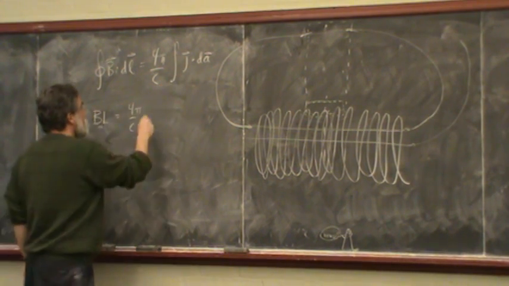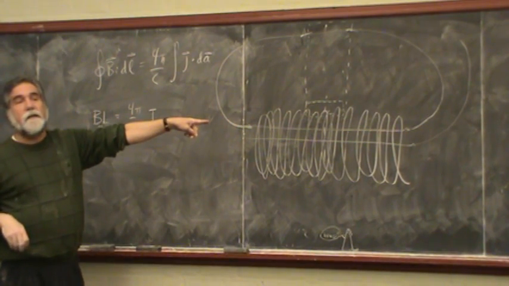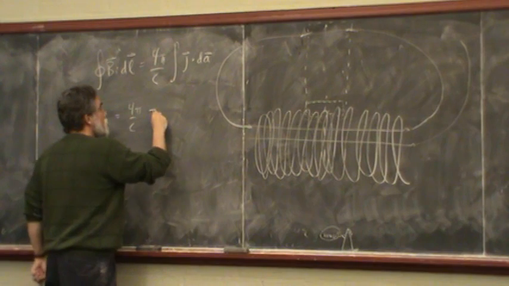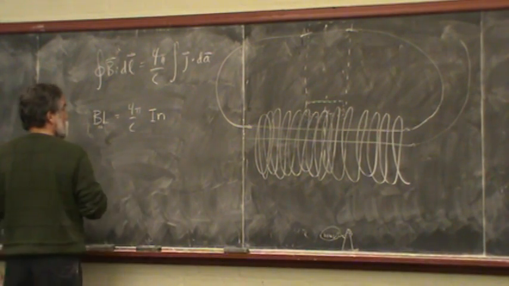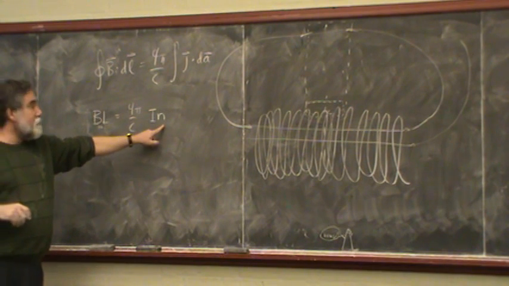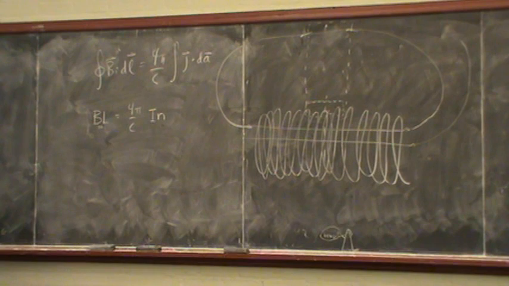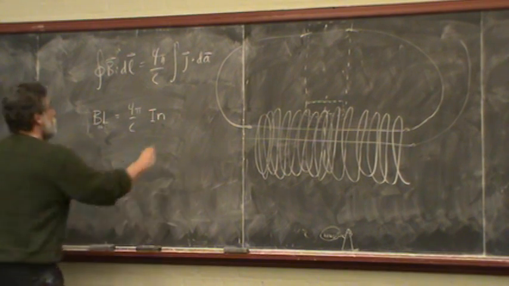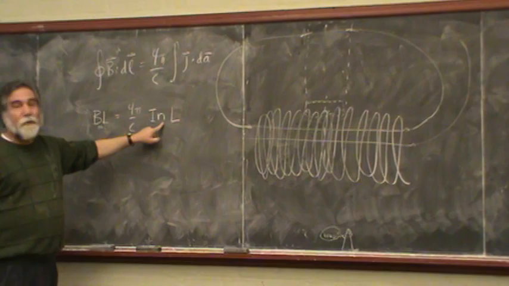The current density is equal to the current in each wire turn of the solenoid times the number of turns of wire per unit length. That's the number density of wires, n.